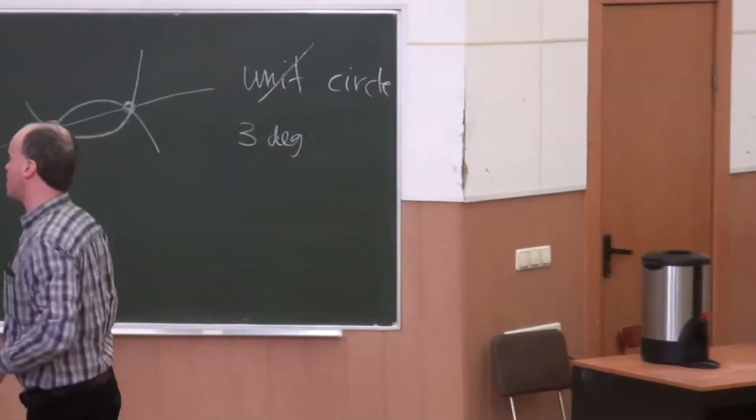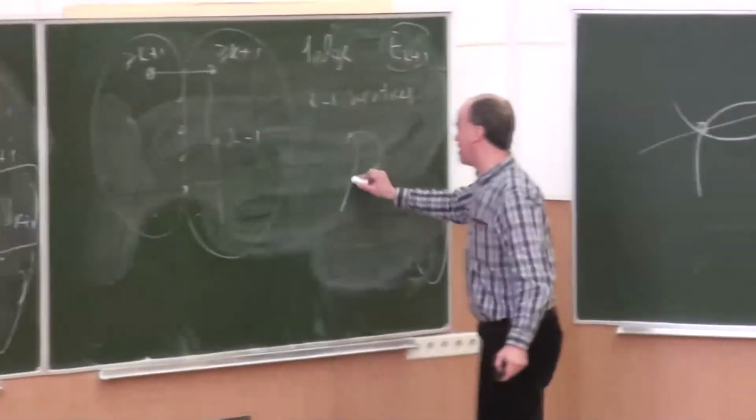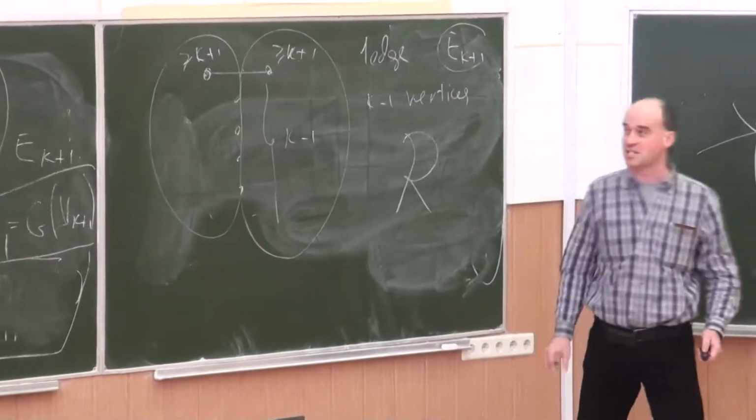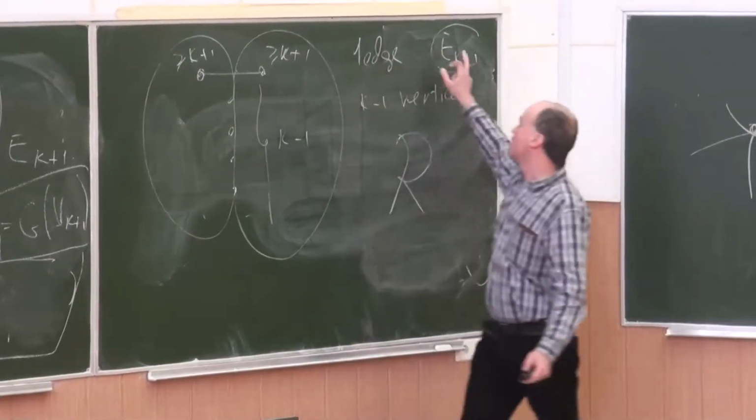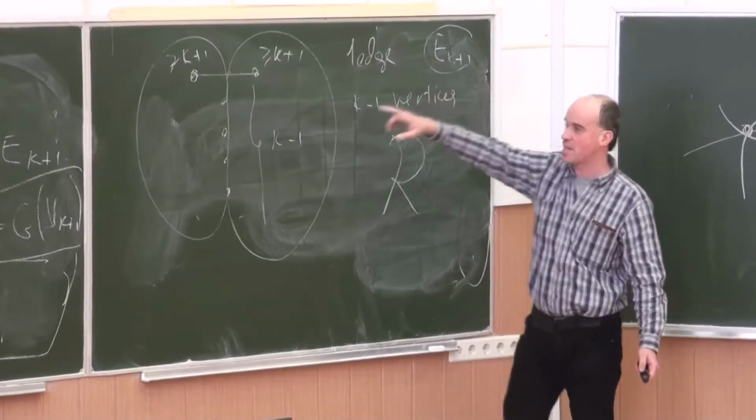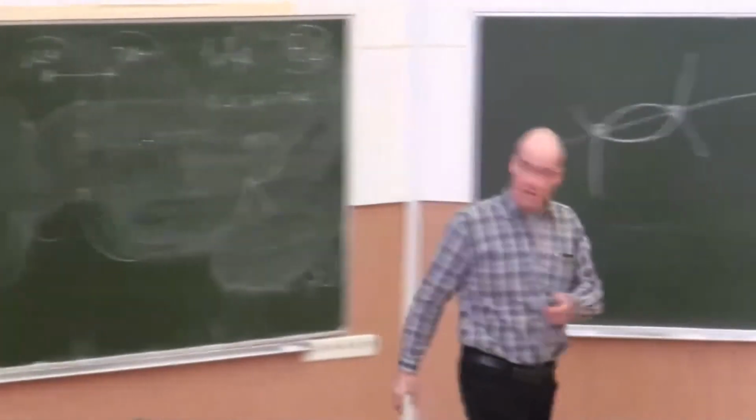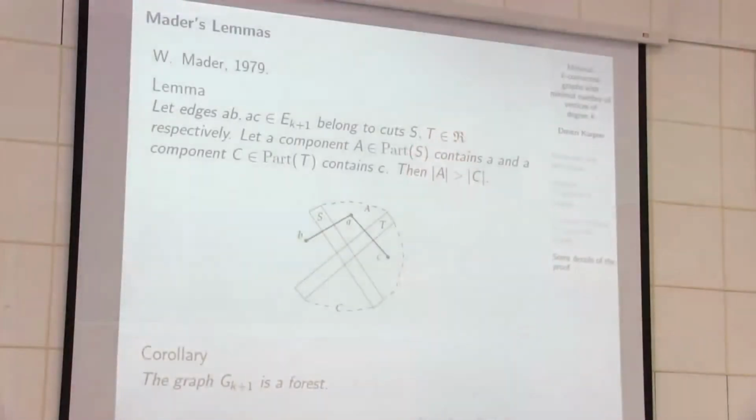We shall denote by R the set of all such cuts that contain one edge from E plus 1 and k minus 1 vertices. Here are such cuts.